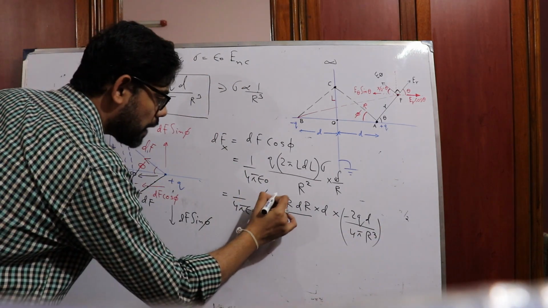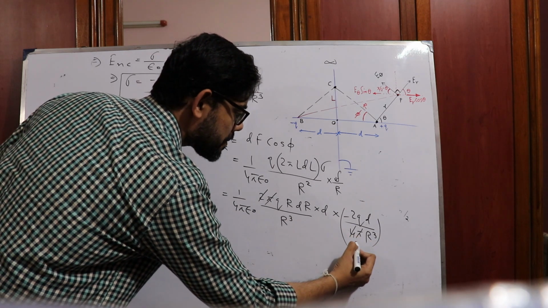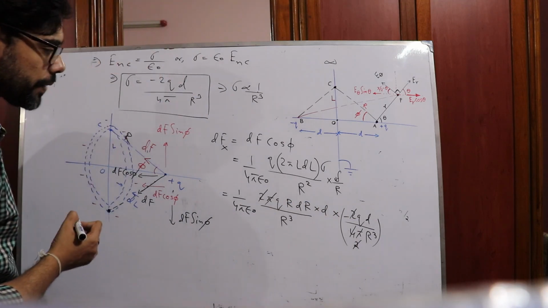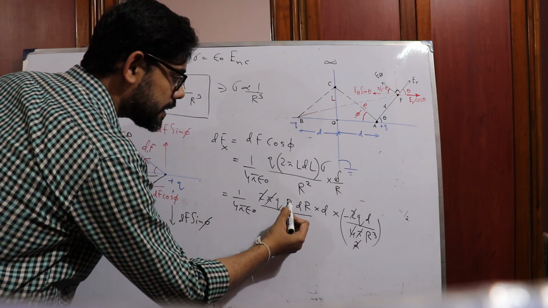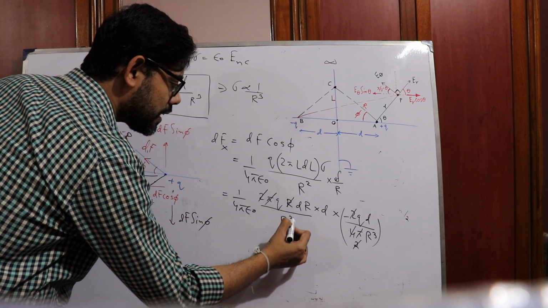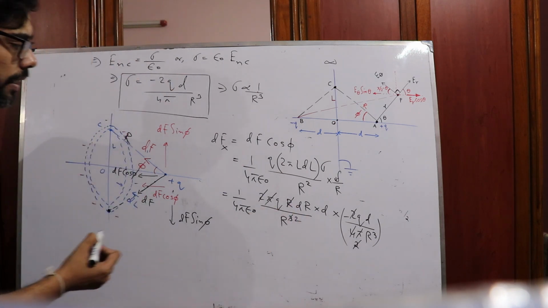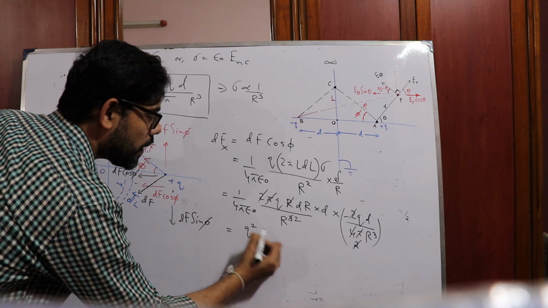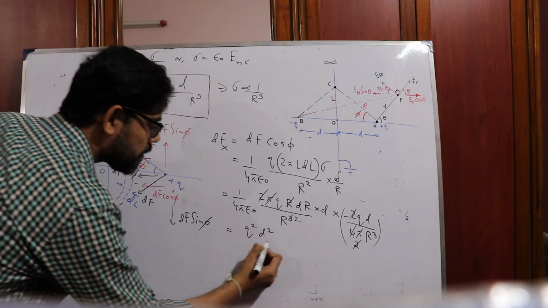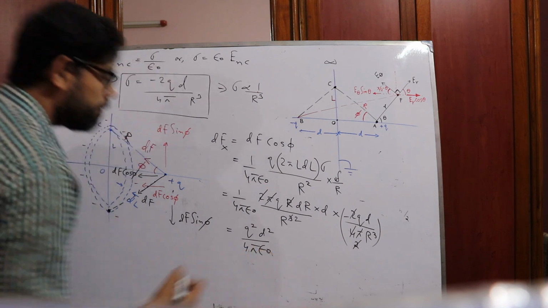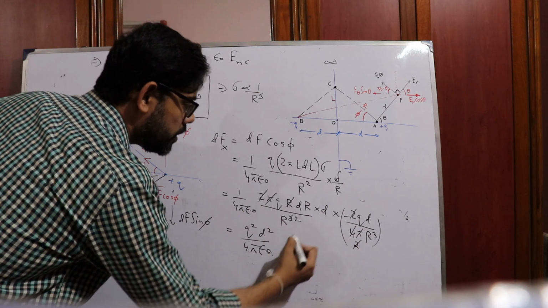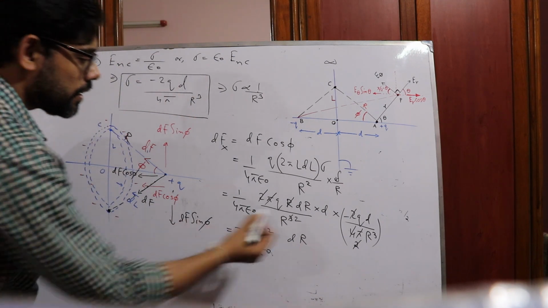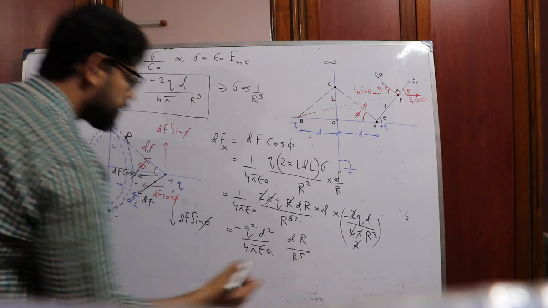So you see 2 pi, so this 2 cancels with this 2. Now you see this is r here, so it becomes r square. So basically what you are getting is q square d square by 4 pi epsilon 0 into dr, with a negative sign, by r to the power 5.